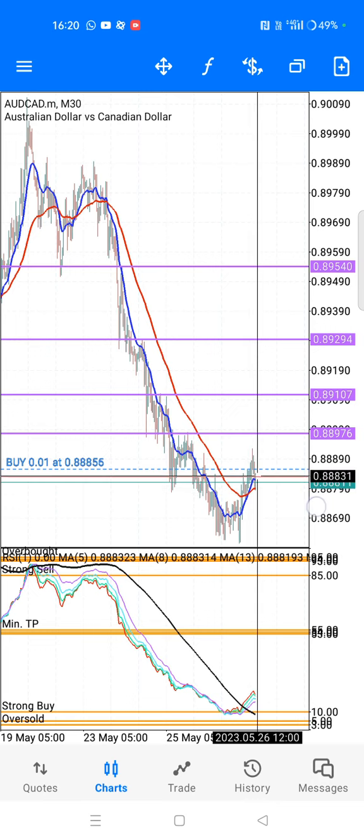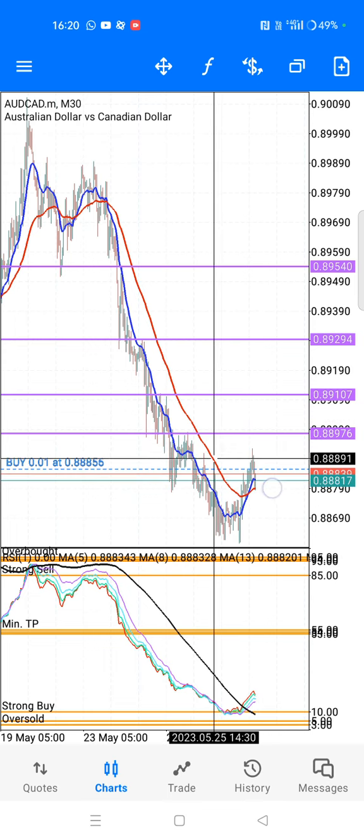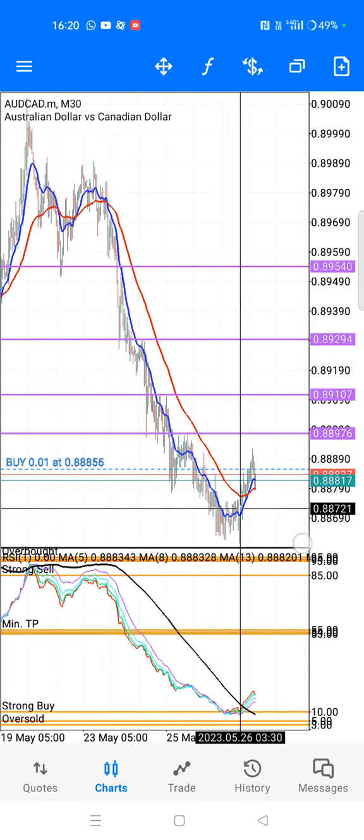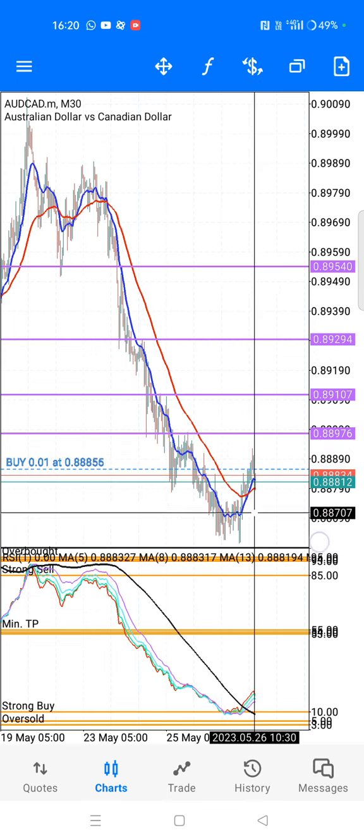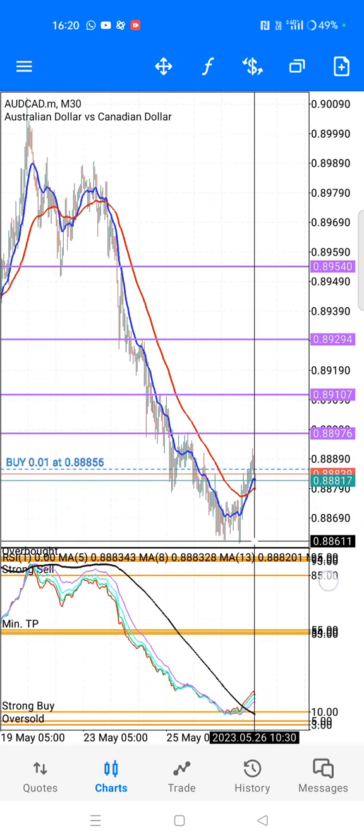If gold goes down, this goes down. If gold goes up, this currency pair also goes up. Australia, Canada is the same as gold. So if this one fails and goes all the way down, gold also goes all the way down.